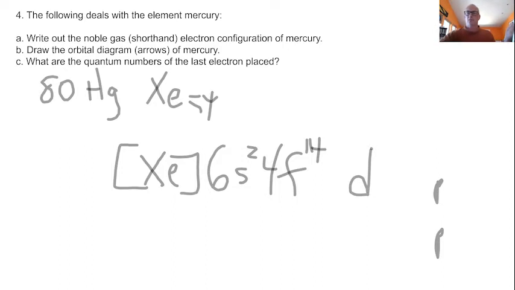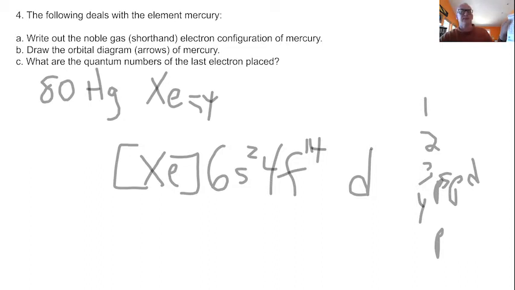So again, 1, 2, 3, 4. The first time we see a D orbital is in the third shell, right? Because we have S, P, and D. When is the third time we come across a D orbital? The first time is in number 3.